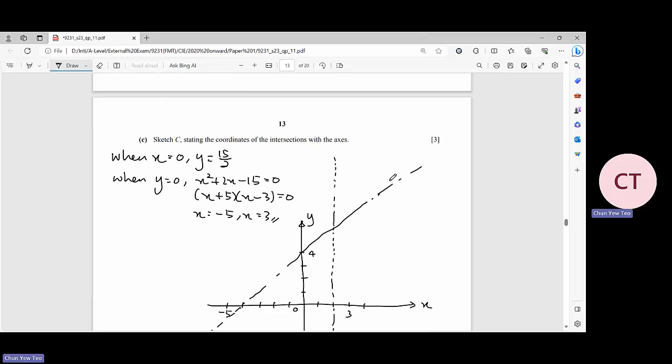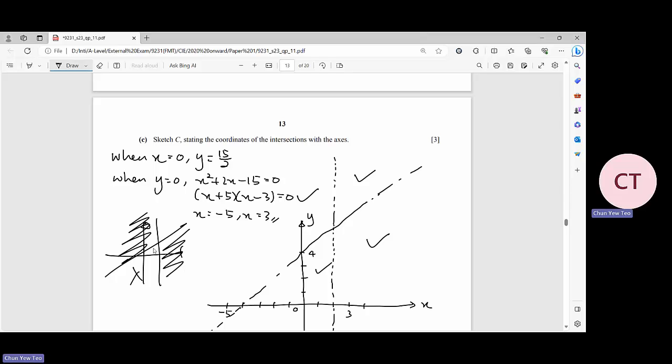So usually when you have an oblique asymptote and a vertical asymptote, that means your graph will be either here and here, or here and here. If you have 4 parts, either your graph will be these two, or your graph will be at these two sides.